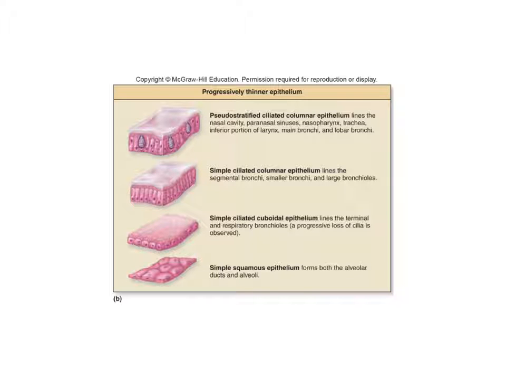So this shows you, and you'll also see it in lab, how it gets thinner. Pseudostratified ciliated columnar is going to be from the nose down to the lobar bronchi.